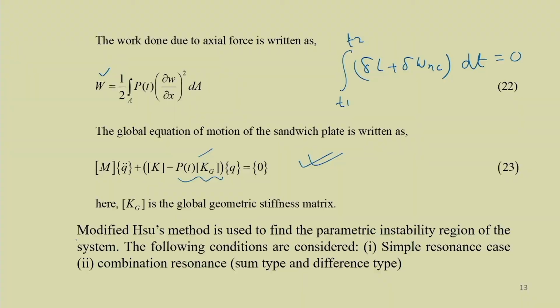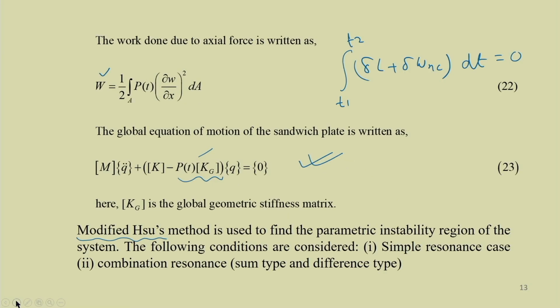Here, to find the parametric instability region, one can use the modified Su method. One can study more regarding this modified Su method. This method is nothing but the method of averaging. By using this method of averaging, one can solve this equation and find the instability region.